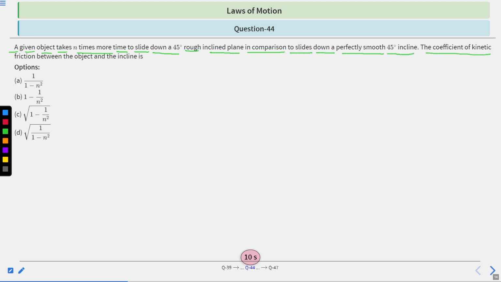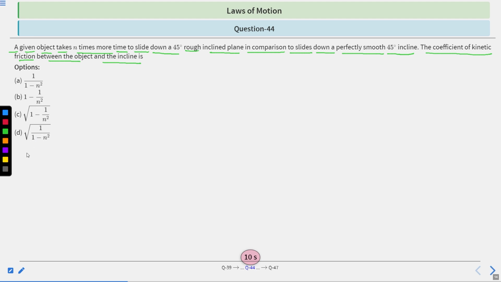The coefficient of kinetic friction between the object and incline is what? The options given are A is 1 upon 1 minus n square, B is 1 minus 1 upon n square, C is under root 1 minus 1 upon n square, and D is under root 1 upon 1 minus n square. So, which option is correct?